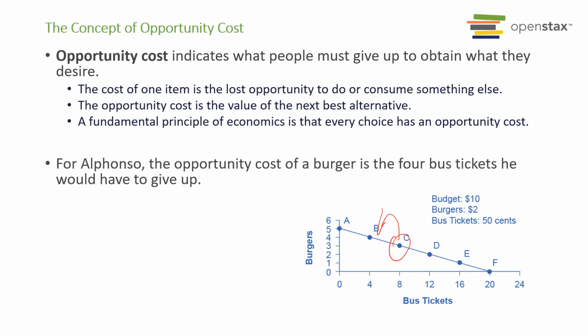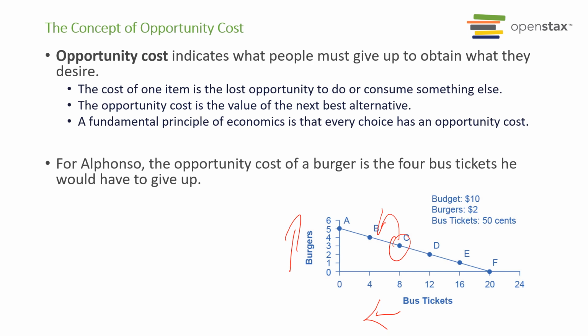From point C to point B, we're getting one more burger, so that's a good thing. But in bus tickets, we're giving up 4 bus tickets. So there's an opportunity cost involved when you go from point C to point B. What you must give up to gain something else is called an opportunity cost. For everything you do, there's an opportunity cost involved.